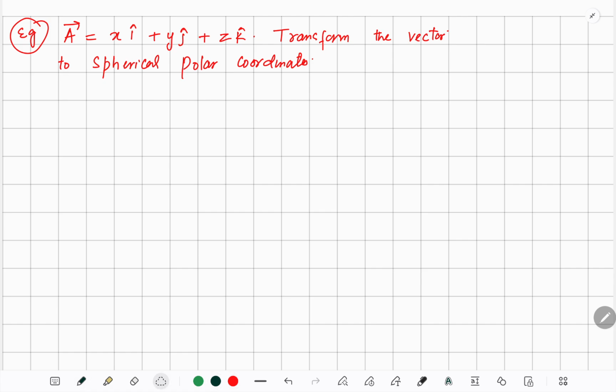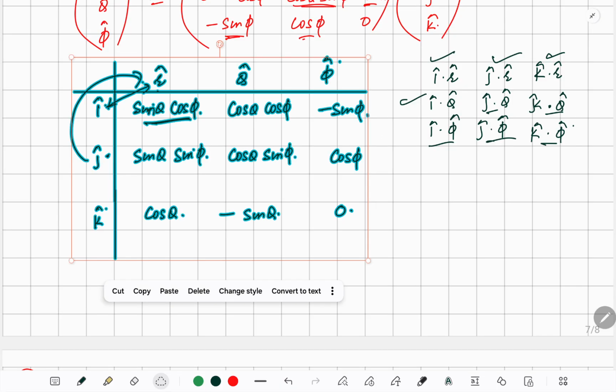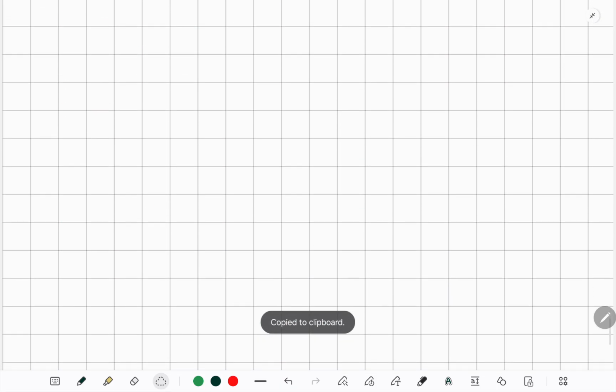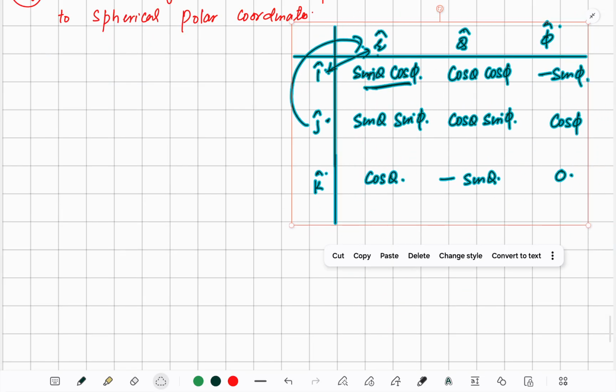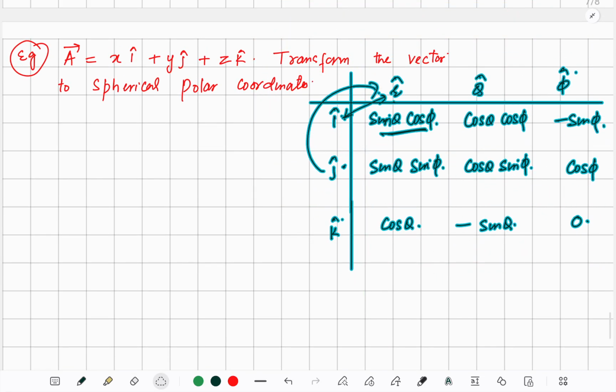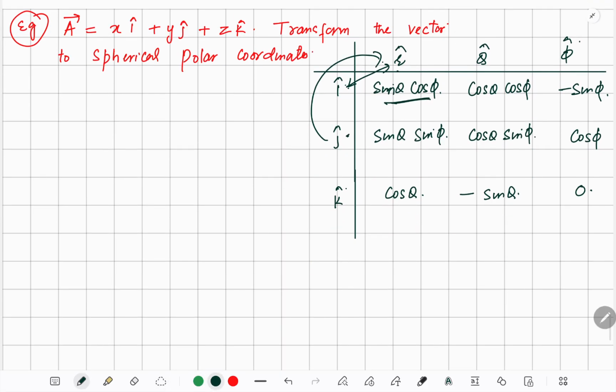Okay, now see, I'll use this thing. Let me put it here. I'll surely use it. Now let's go. So, solution. Given vector, let me write it A as x i cap plus y j cap plus z k cap. Now we have to transform it. This is Cartesian.